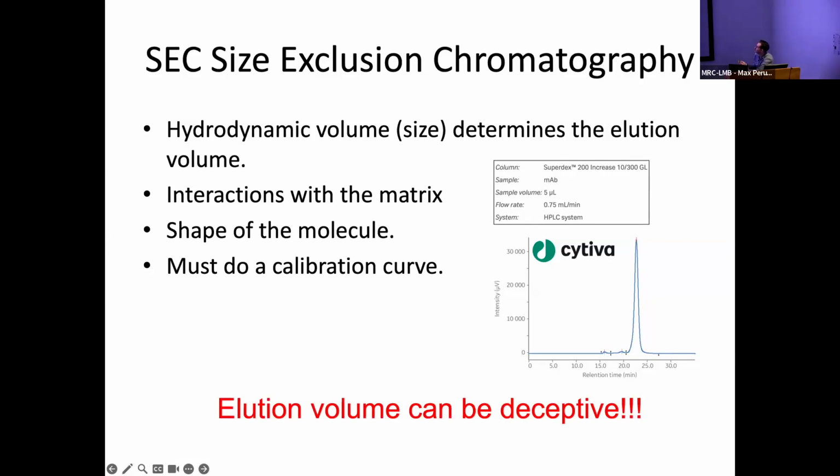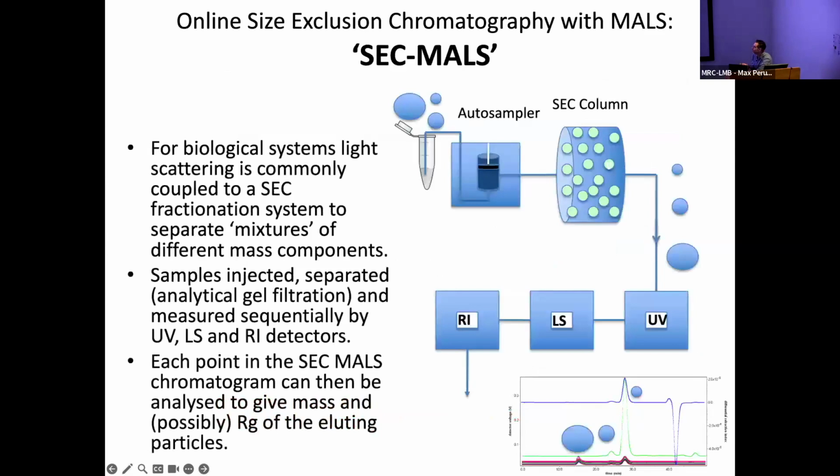Okay, so this is how we have the instrument set up. We have an autosampler, so you can load up to 96 samples at once if you want. Then it goes through the size exclusion chromatography, directly into the UV detector, then into the light scattering, into the refractive index, and then it comes out either to waste, or if you want, we can also fractionate and collect the sample, and you can either reconcentrate it or use it for something different.